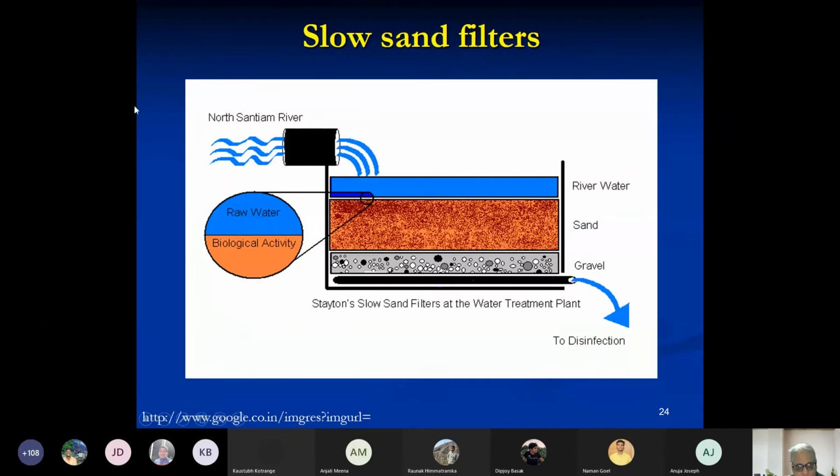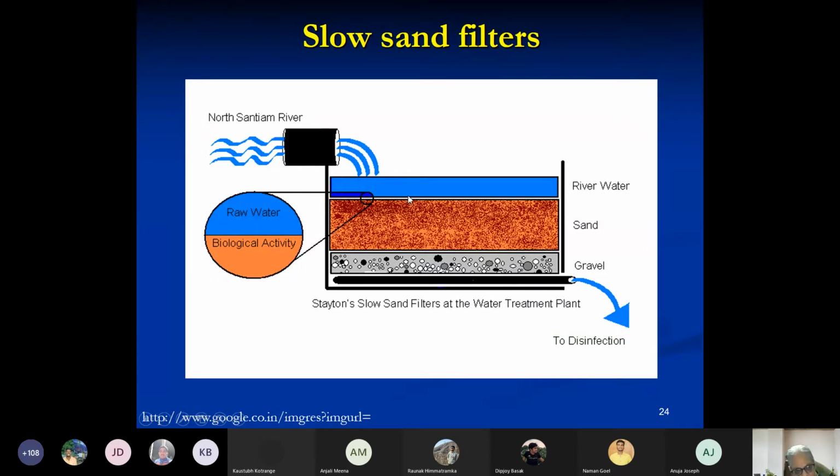So assuming there is a roof at the top, you will get bacterial activity, and that bacterial activity is actually useful because the organic matter in the river water will be destroyed by the bacteria that grow at the top. Now this top will form what is called a slime layer, slime because of the bacterial growth.